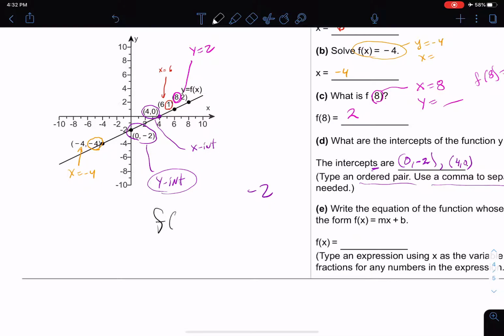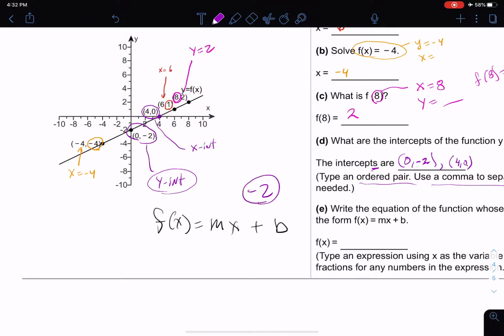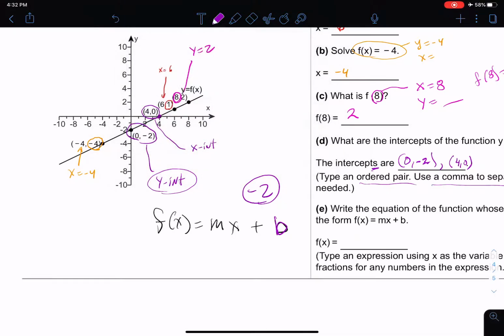Let's write this up. f of x equals mx plus b. Well, we now have our b value because it's the y-intercept. I'm going to make that thicker again. So we now have the b value. So we have -2.